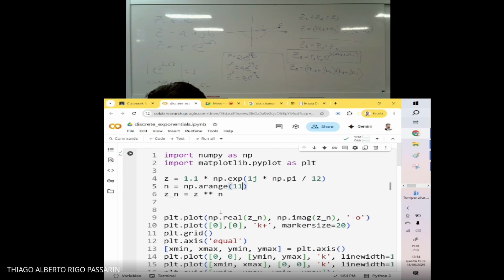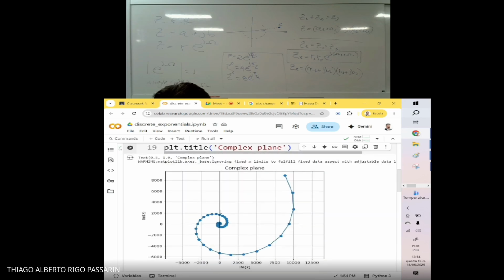We can go further now. We can go to 100. So now, at each value of n, I'm multiplying the radius by 1.1, which is not that much. And I'm summing the angle in the same manner I was doing before.